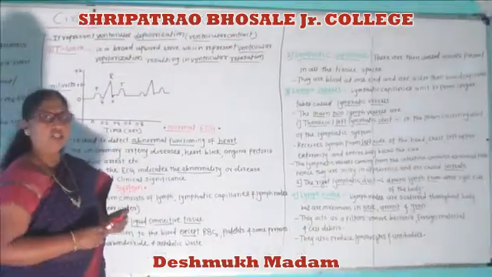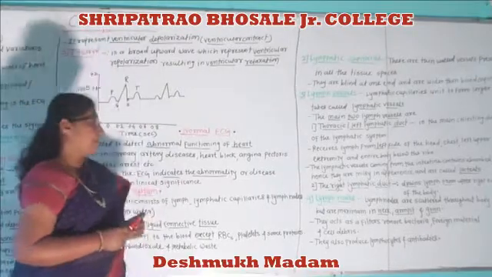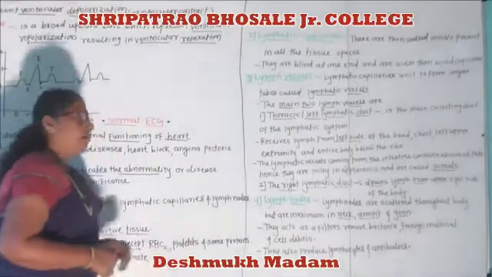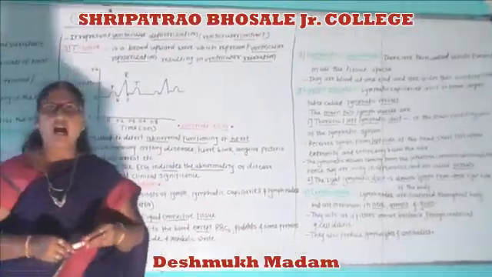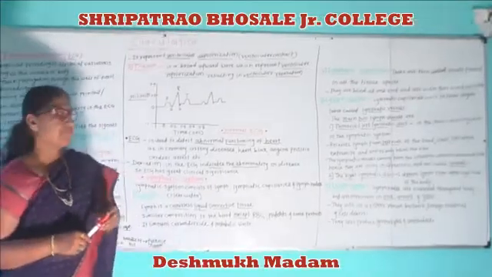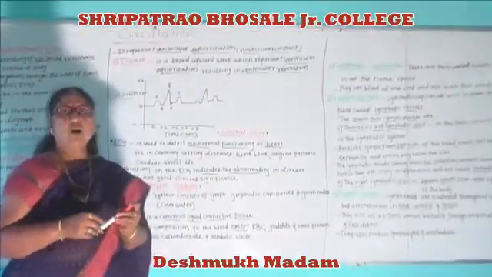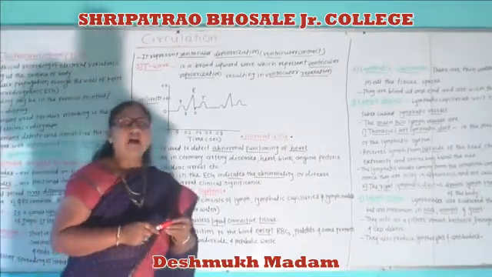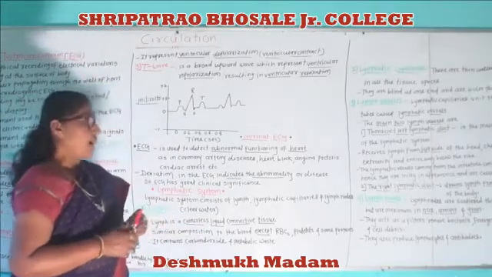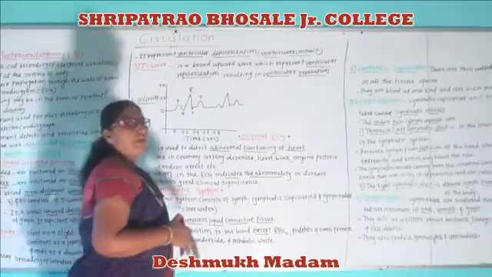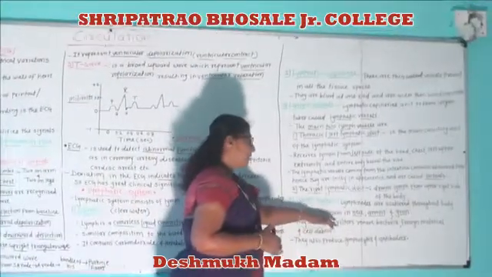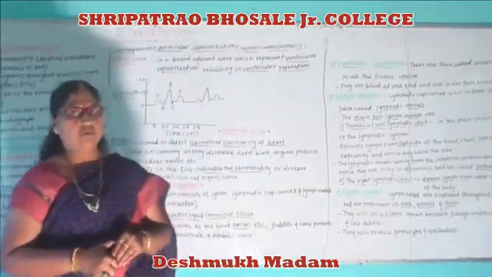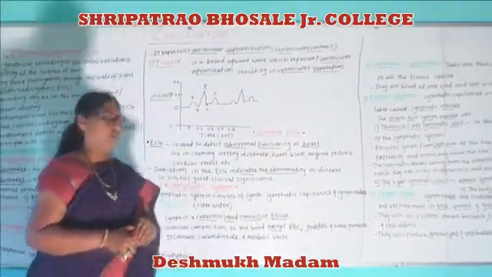The fourth component of the lymphatic system is the lymph nodes. Lymph nodes are small oval-shaped bodies scattered throughout the body, but maximum in the neck, armpit and groin.